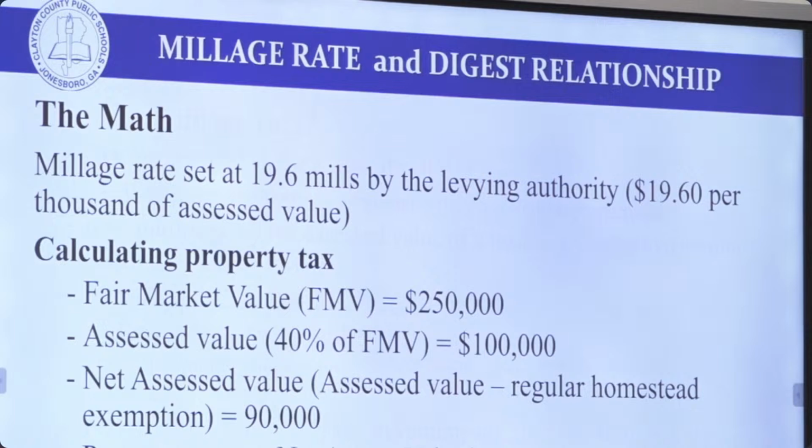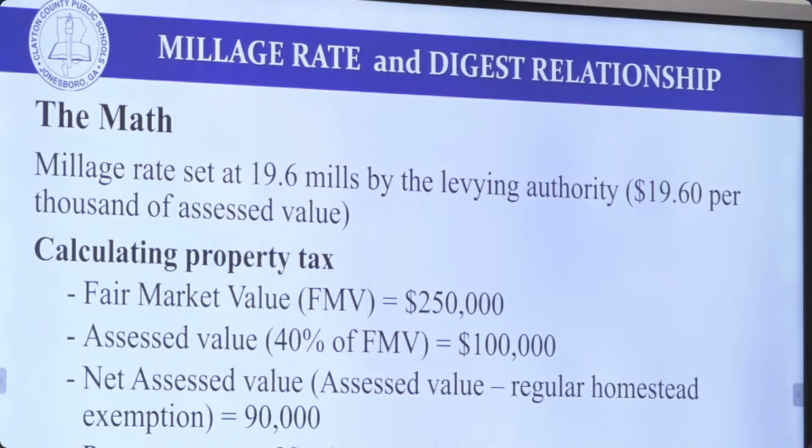The math, how you calculate your property taxes: if you set the 19.6 mils, the fair market value in the system is $250,000. You're only assessed at 40% of that fair market value. So you don't pay taxes on the full $250,000, only 40% of that, which is $100,000. Then if it's your primary property, you get the $10,000 homestead exemption, which reduces it even further to $90,000.